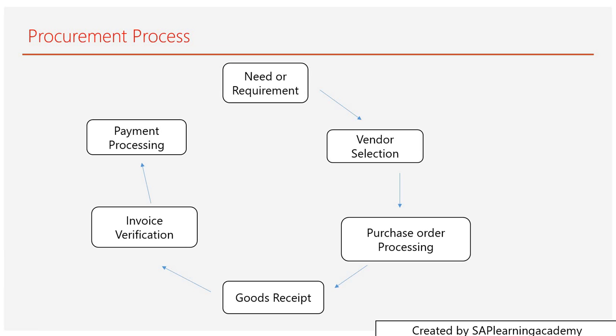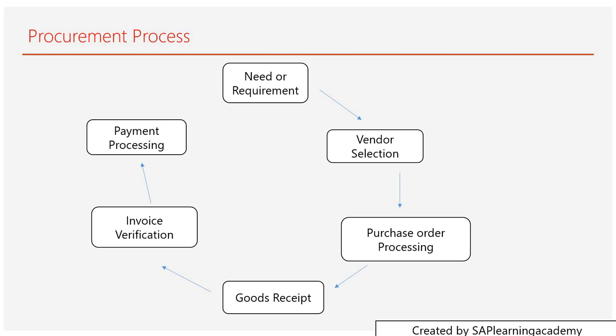So that's the main process of procurement. If I just tell you again: first you need to have a requirement or the purchasing requisition. After selecting the vendors, you need to send it to the purchase department in order to make it an official purchase order. Then you send it to the vendor, and the vendor sends the goods to you.